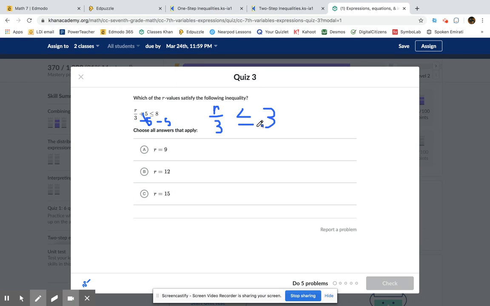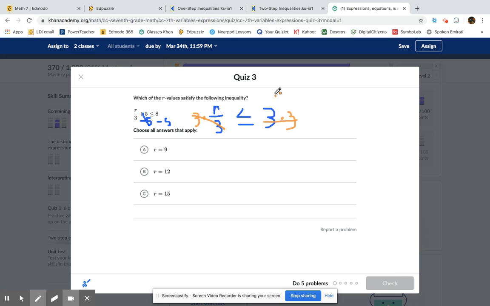Oh, I see a 3 on both sides. Am I going to divide by 3 here? No, I'm already dividing by 3. So how do you get rid of divided by 3? You multiply. So we're going to multiply both sides by 3. 3 times r divided by 3: 3 over 3 is 1, so they cancel out. On this side, multiply by 3. 3 times 3 is, what's 3 times 3?